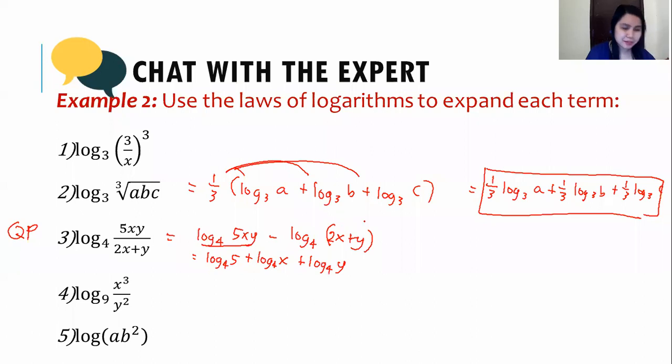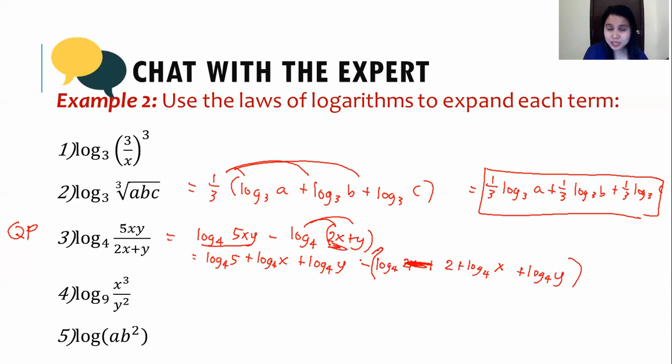How about the other? Let's distribute it. Minus log base 4 of 2x. We can expand this. Let me first start with the inside, okay? Log base 4 of 2 plus log base 4 of x plus log base 4 of y.